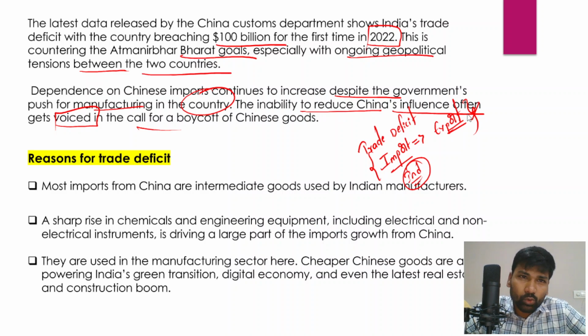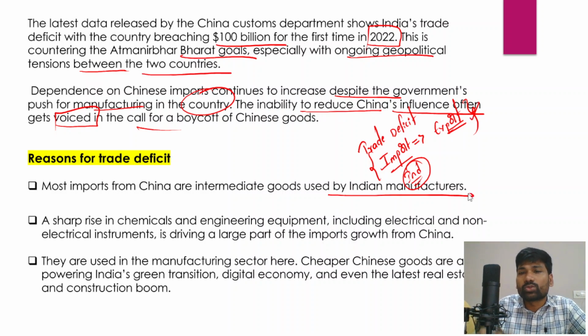Most of the goods that we import from China are intermediate goods used by the Indian manufacturers. Therefore we need to have a strong intermediate goods value chain in India itself, so that will help us reduce our trade deficit. That will also help us reduce our dependence on China.